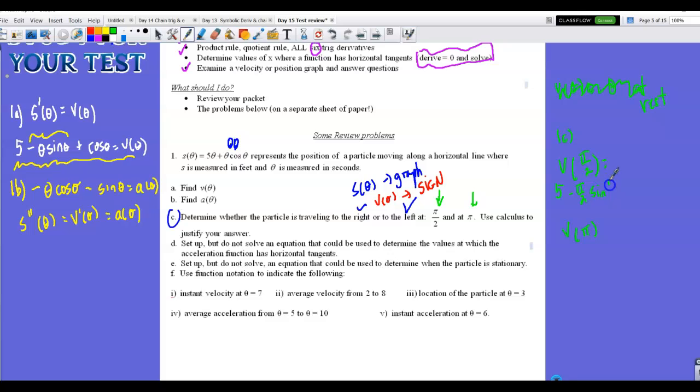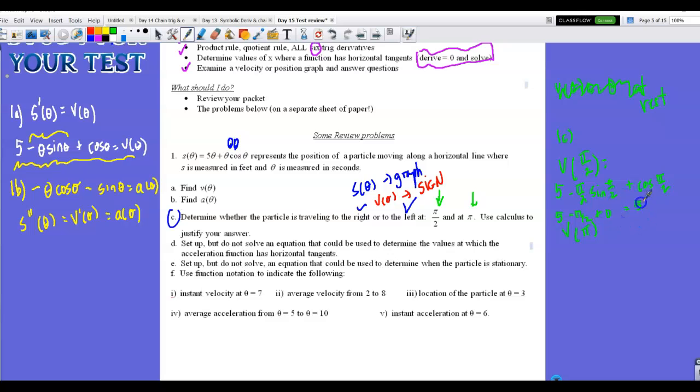I'm just substituting pi over 2 into the velocity function, plus cosine of pi over 2. So now I have to know my trig value, so that's a warning. The sine of pi over 2 is the y value at pi over 2, which is 1, so that's going to give me 5 minus pi over 2. Cosine of pi over 2 is the x value at 90 degrees, or at pi over 2, which is 0.